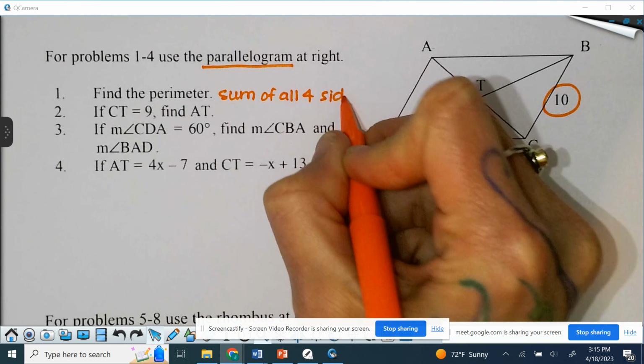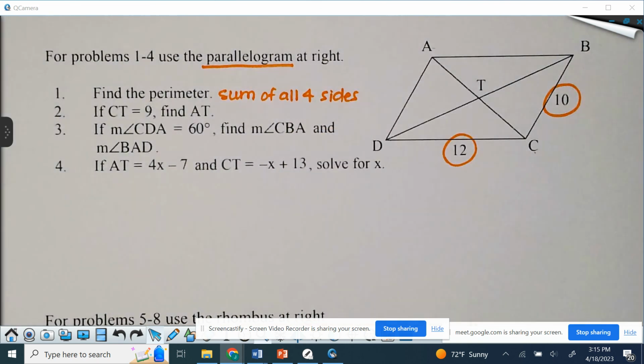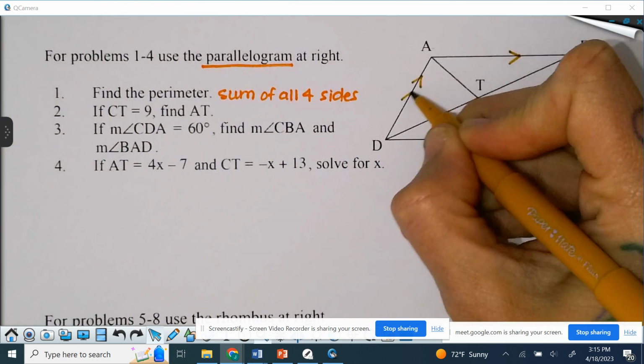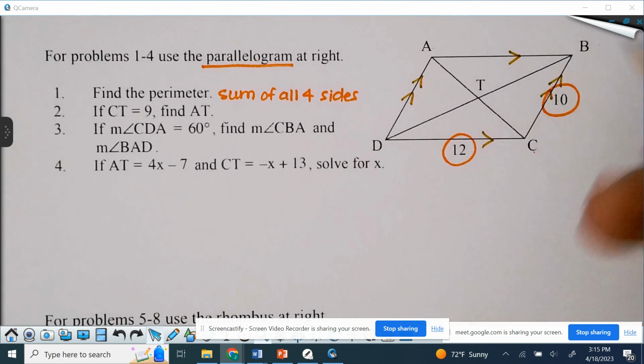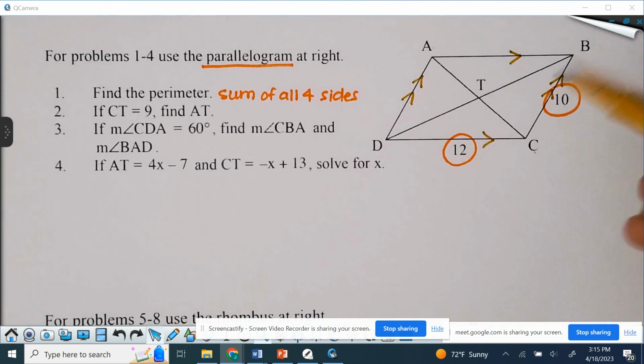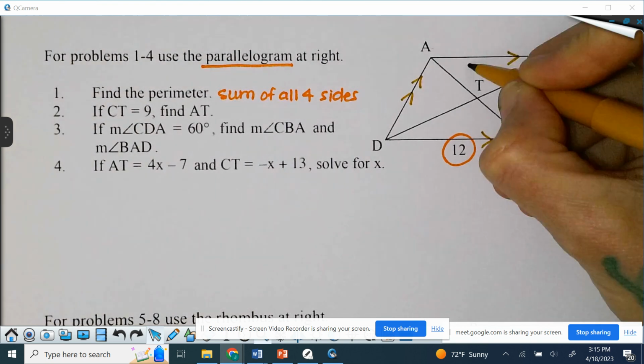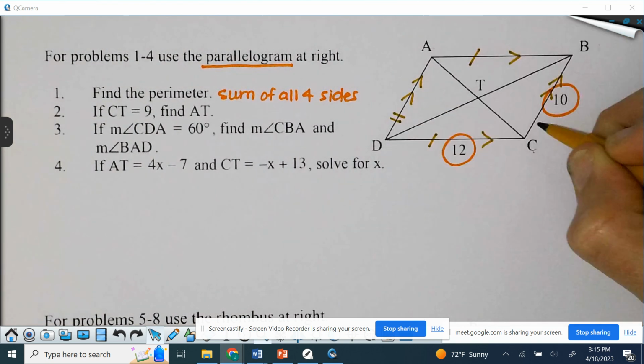The property you would need to know to do that is that opposite sides are parallel and congruent. Because this side is parallel to this side, along with this one and this one, that makes them congruent. The single arrow and the double arrow are equivalent to how we marked them in triangles in Math 2, like dashes.